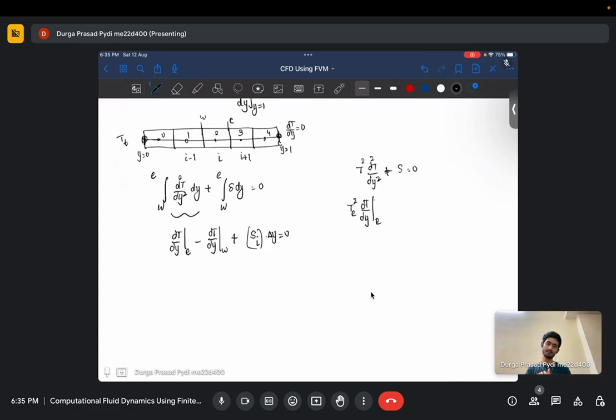When you discretize this, eventually you get a system of equations, and we want those to be linear. Maybe that will become nonlinear, and then you need to use nonlinear solvers like Newton-Raphson and all of that.